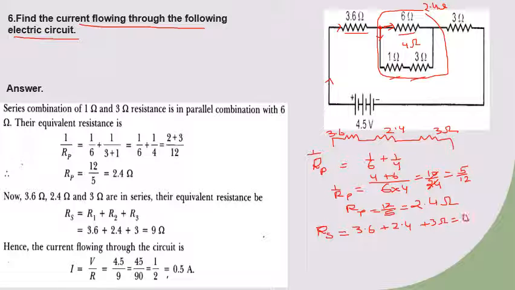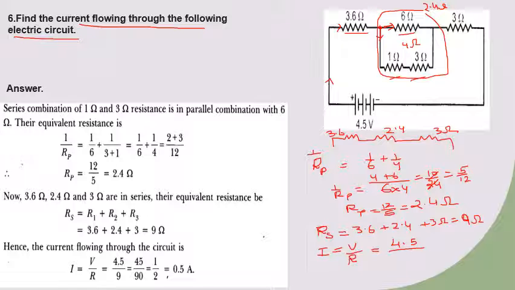And now I can find out the current, that is I is equals to V upon R. V for victory, so we always come at the top. Now V is nothing but 4.5 volts as given in the diagram, and the resistance we got is 9.